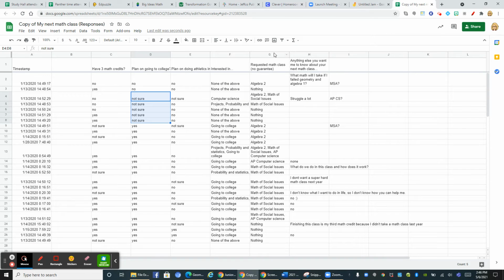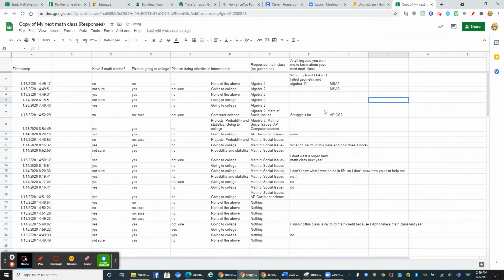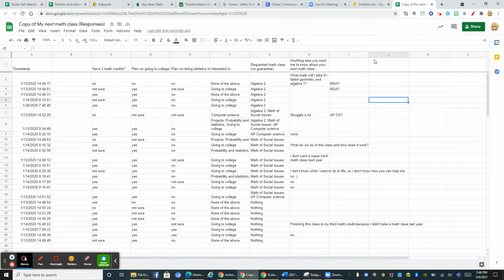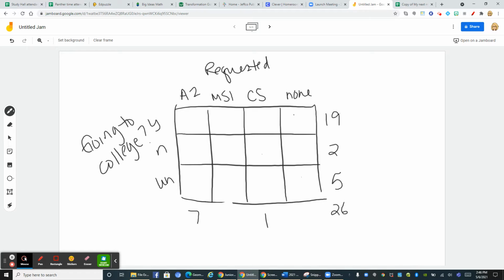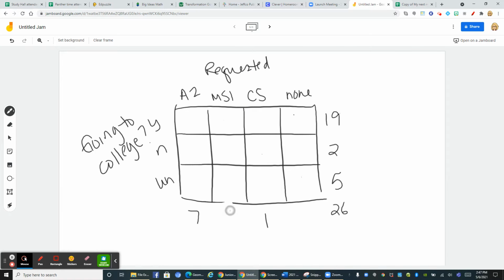All right, now I can do the same thing over here on requested math class, and I can sort. I'm just going to go with our first choice. So I have 1, 2, 3, 4, 5, 6, 7 who would like to go into Algebra 2. 1, Computer Science. 1, 2, 3, 4, 5, 6, 7, 8, 9, 10, Math of Social Issues.